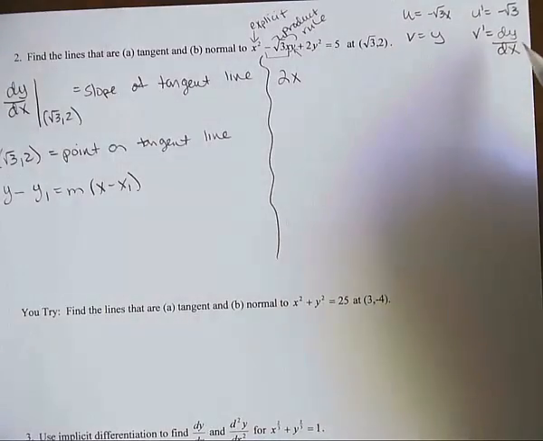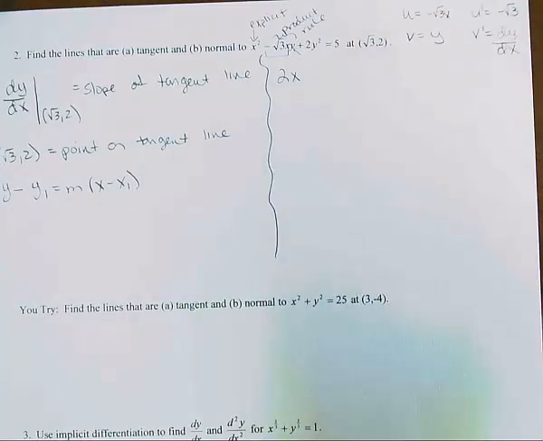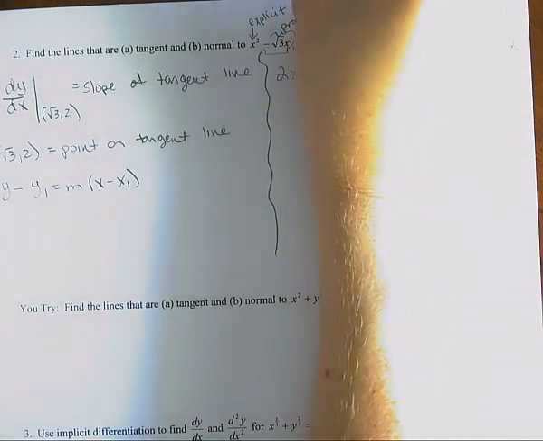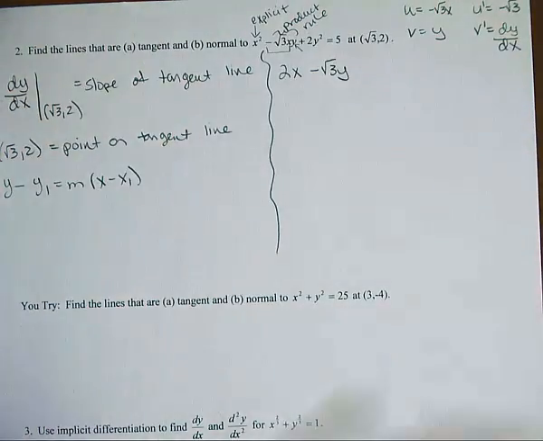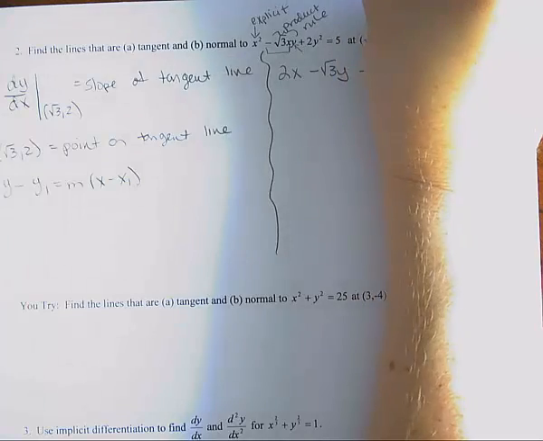So the derivative is just the name for the derivative. And then we'll do u prime v plus v prime u. So u prime v would be negative rad 3y plus v prime u, which is negative rad 3x times dy/dx.